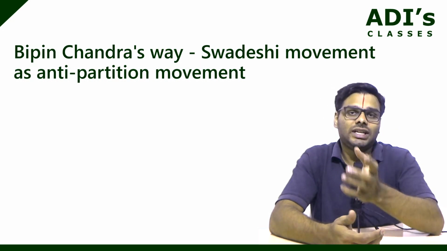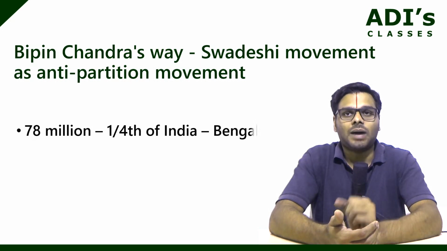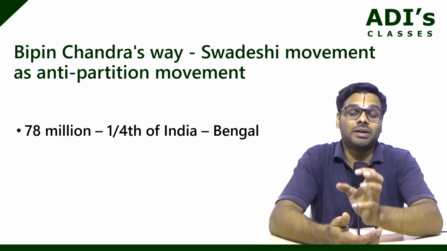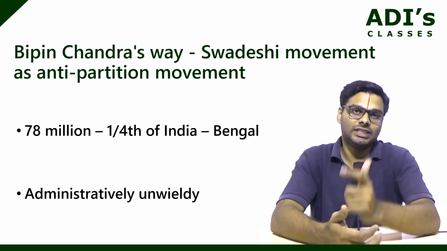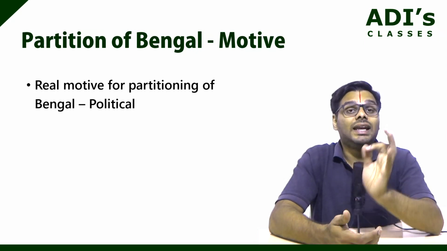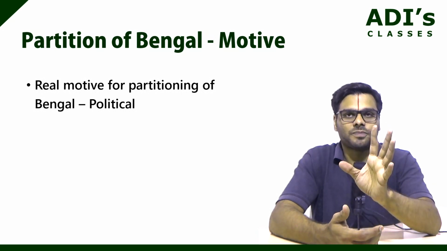There was no doubting the fact that Bengal, with a population of 78 million, about a quarter of the total population of British India, had indeed become administratively unwieldy. That is, it was difficult to administer, but the real motive for the partitioning of Bengal lay elsewhere. It was a very simple political motive.